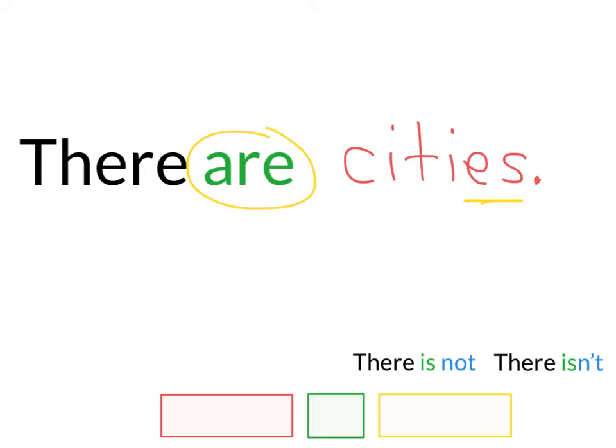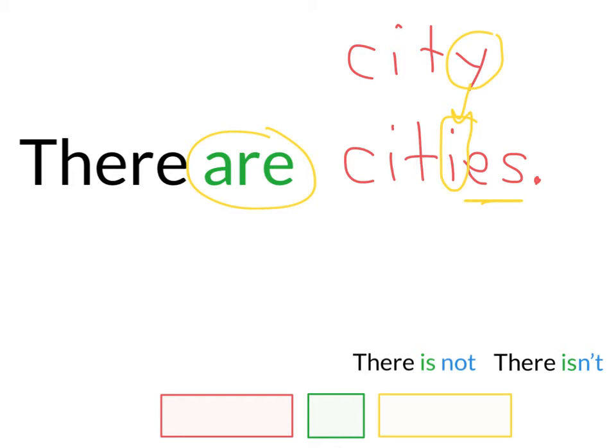You can see how the word cities, one would be C-I-T-Y, and when we want to add E-S, we change the Y to an I, and then we add E-S. There are cities.